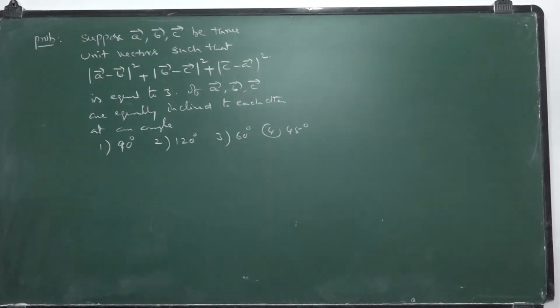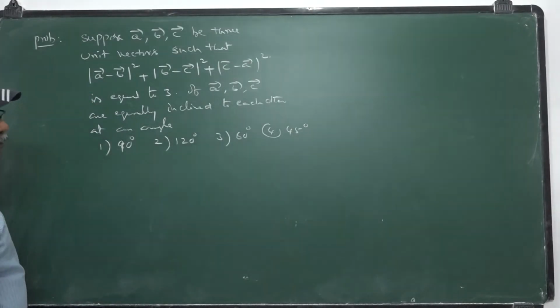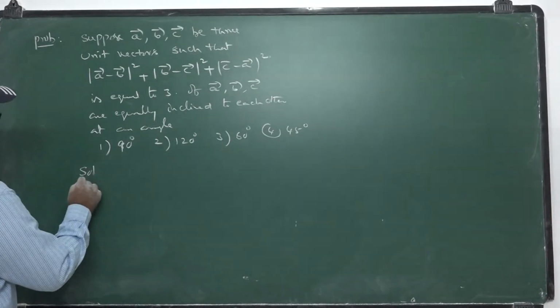Suppose A bar, B bar, C bar be three unit vectors such that modulus of A bar minus B bar square plus B bar minus C bar square plus C bar minus A bar square is equal to 3. If A bar, B bar, C bar are equally inclined, then find that angle between A bar and B bar as well as B bar and C bar and C bar and A bar, once they are equally inclined.